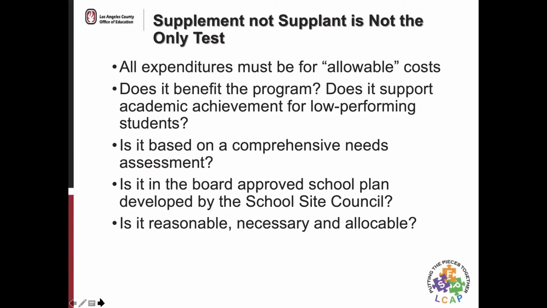Expenditures have to be for allowable costs. So does it benefit the program? Does it support academic achievement for low achieving students? Is it based on a needs assessment? Is it in the school plan? Is it reasonable, necessary, and allocable? All of those factors have to do with allowability. So just because something isn't supplanting doesn't mean it's automatically allowed.